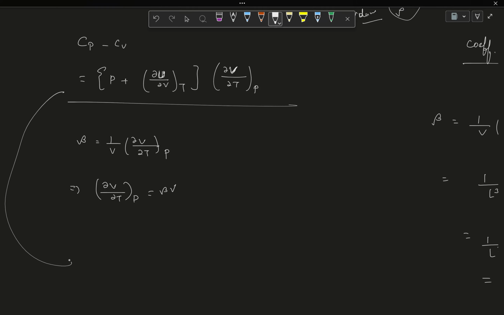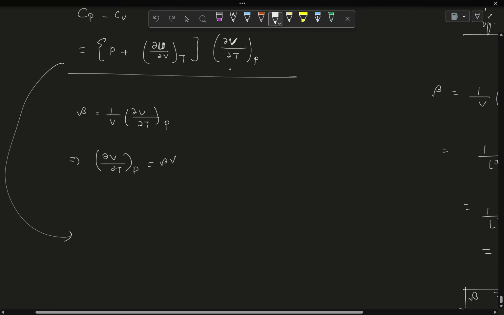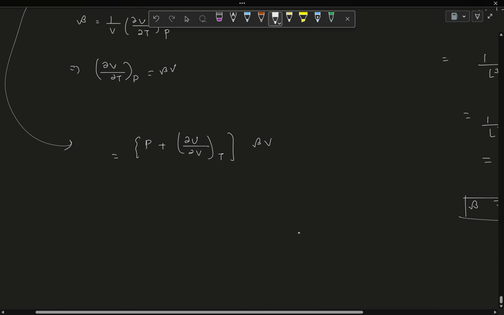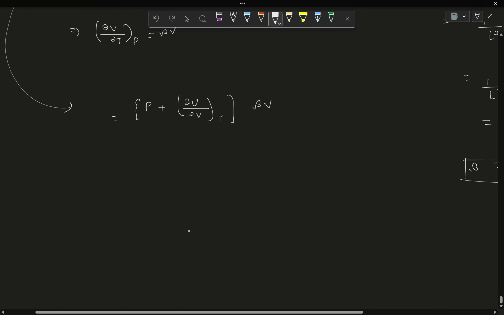So from here you can replace this term by beta V, and you are getting P plus del U del V at T constant, into beta times V, right? Now beta value you have already calculated in terms of alpha, that this is 3 alpha. So this is P plus del U del V at T constant, times 3 alpha V.